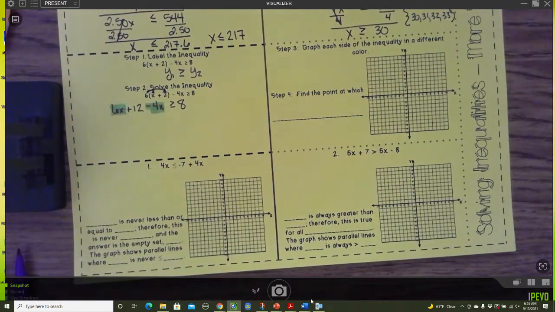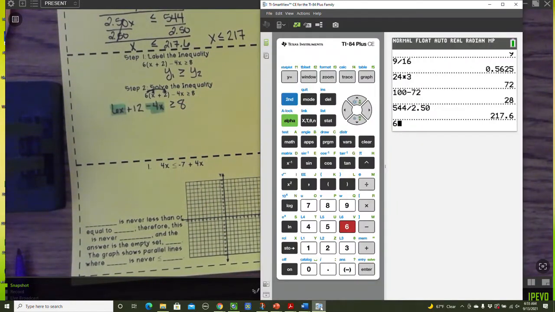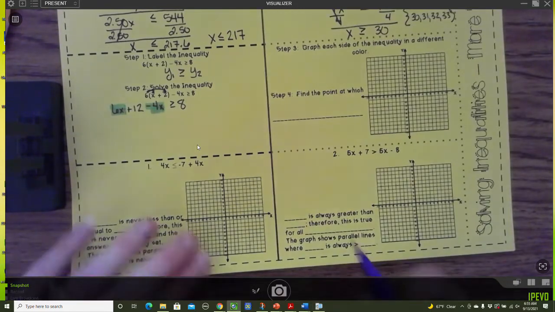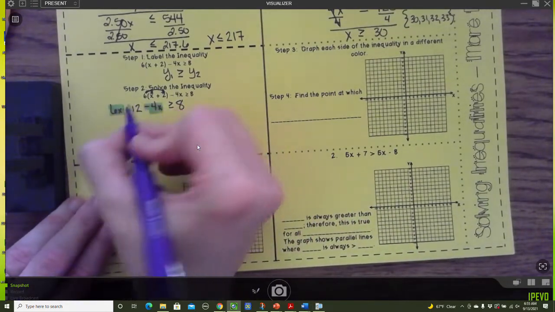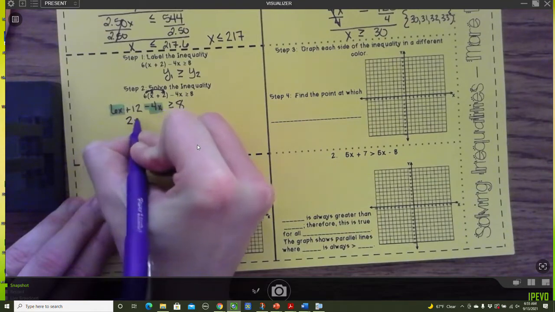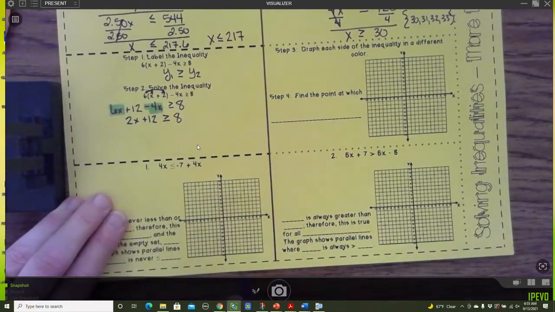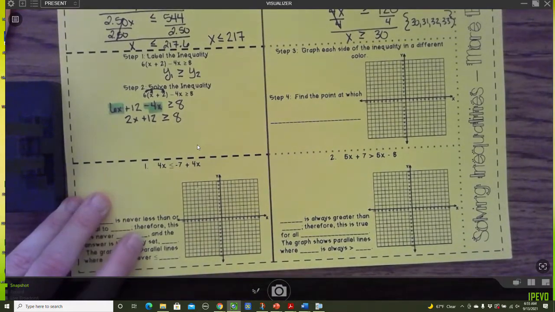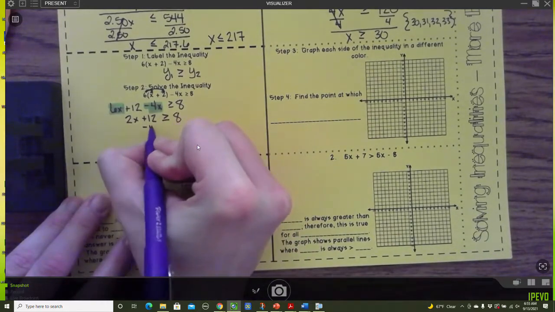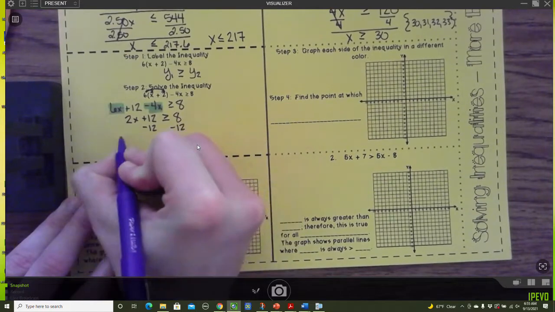So remember, in your calculator, all you would do would be 6 plus a negative 4, or 6 minus 4 would be the same. So 6x minus 4x is 2x. We didn't do anything to the 12. Keep the inequality sign. Right-hand side stays the same. Now I can solve this. So I'm going to subtract 12 from both sides.